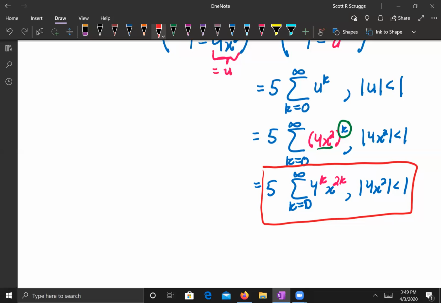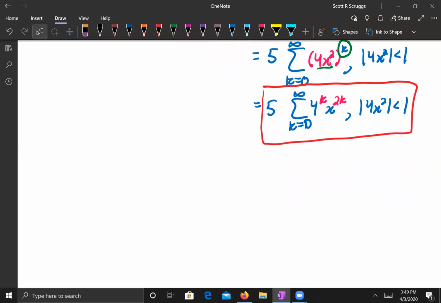Now, I have to find my radius and my interval of convergence. So let's find the radius first. All we know is that this series converges when the absolute value of 4x squared is less than 1. That's all I know so far, because my original series that I played with was a geometric series, and that's the condition for convergence.